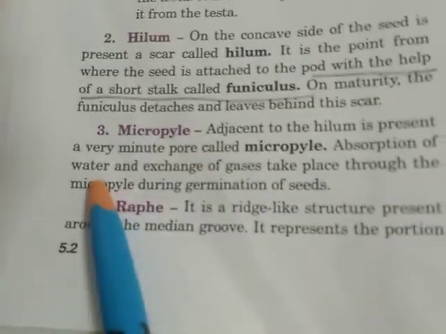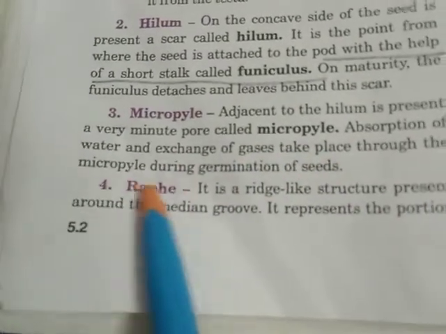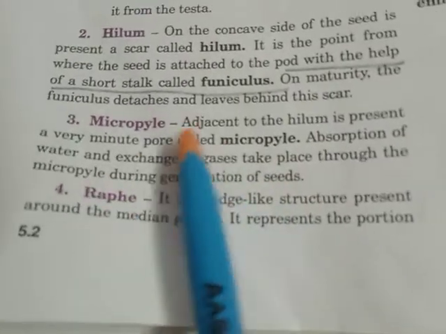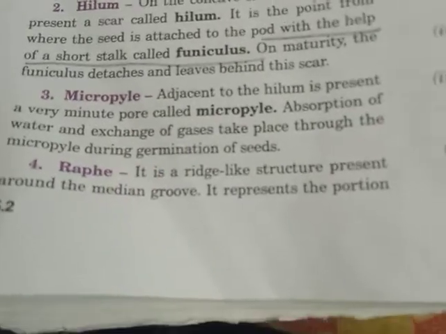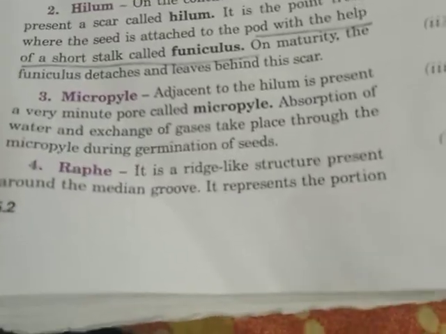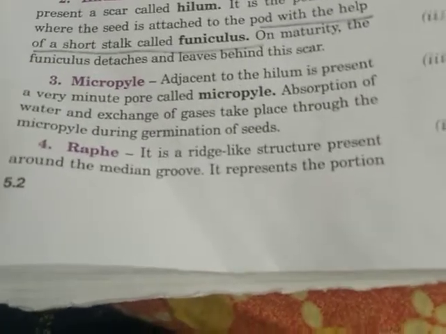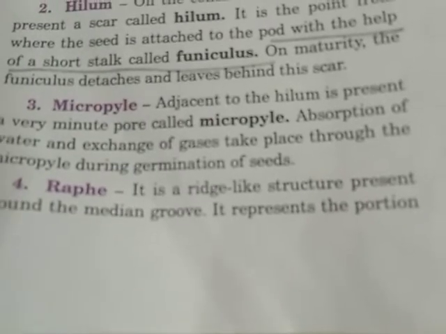Absorption of water and exchange of gases takes place through the micropyle during germination of seed. So the main function of the micropyle is to absorb water. When we soak these seeds in water, the water enters the seed through this micropyle, and after absorbing the water, the seed swells up.